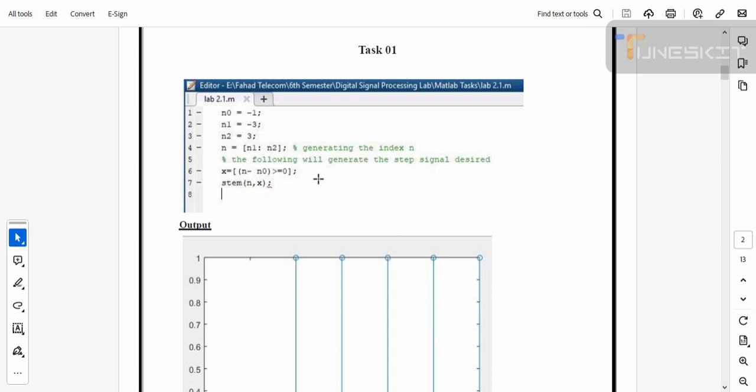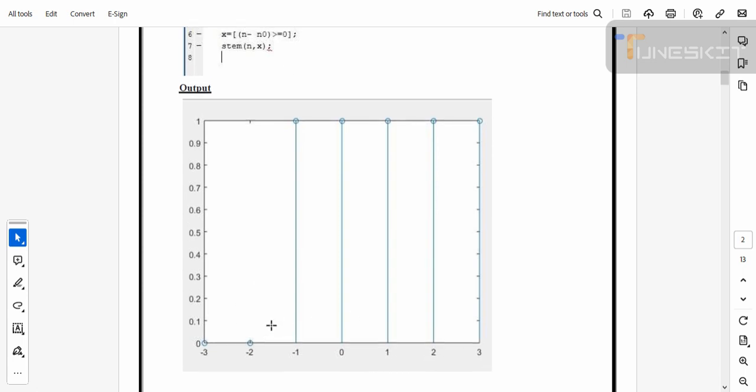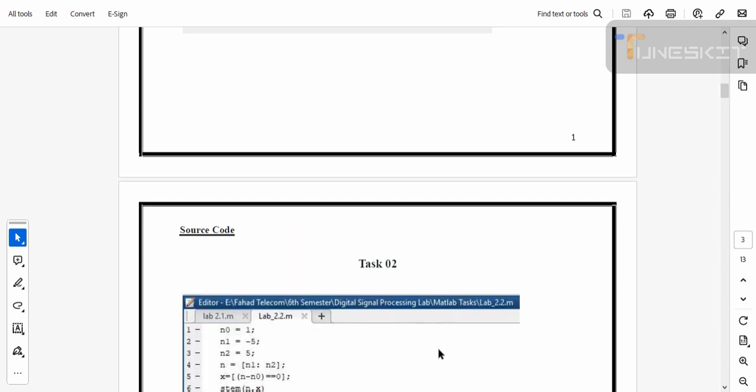To plot this x function we use the stem command. As we can see, there is a range of -3 to 3, and by applying the condition n minus n0 greater than or equal to 0, it means it must be 0 or greater than 0.